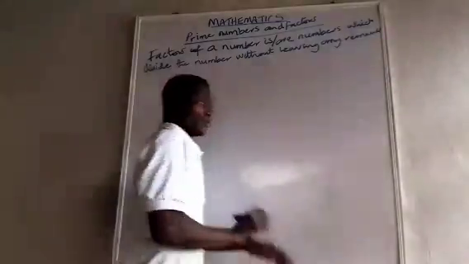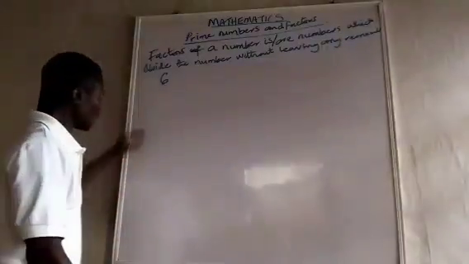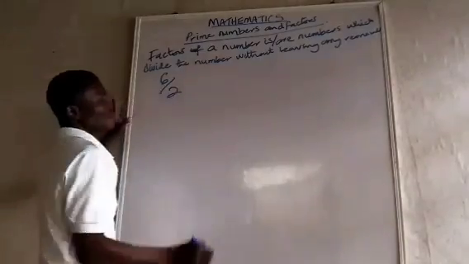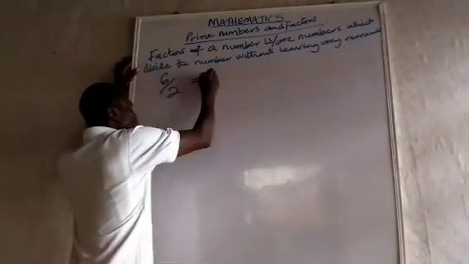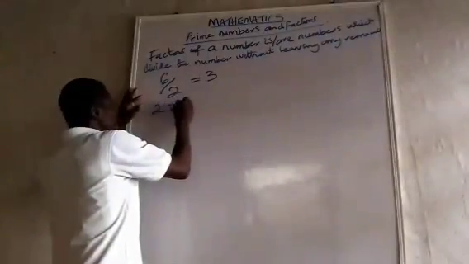That is, it divides it perfectly. Let's look at this. If you have 6 now, and you divide it by 2, you get 3. No remainder. So 2 is a factor of 6.